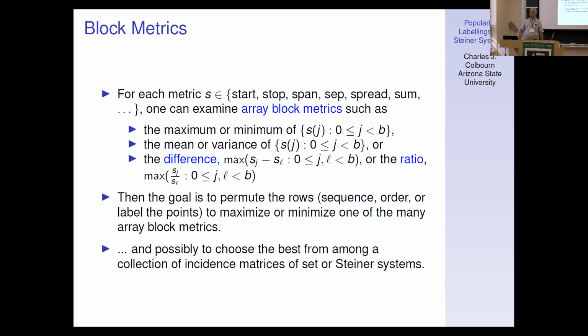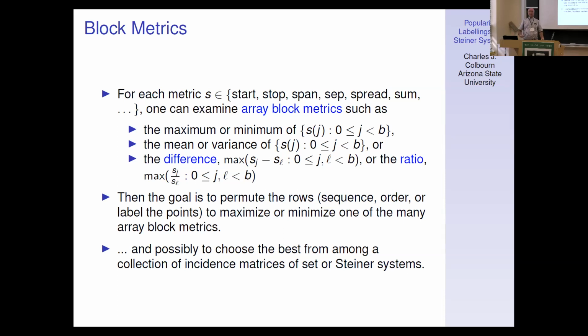And then our goal now is, having chosen some block metric and some array block metric, we want to determine how we should permute the rows to either maximize or minimize one of those possible array block metrics. And then if that's not enough, I keep compounding the number of problems we could look at.